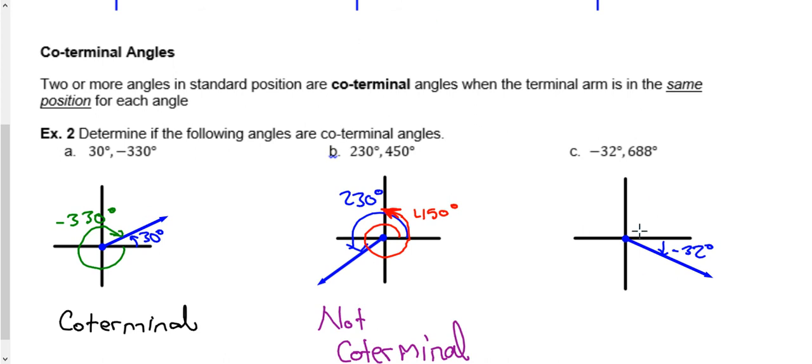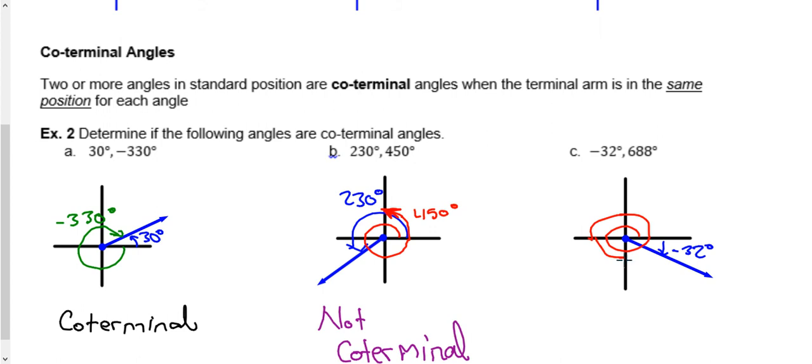So in this one here, if I had negative 32 degrees, I want to figure out if I can get to 688 positive. So starting here on our positive x-axis, so here we go. That's 90, 180, 270, 360, 450. A bit more.